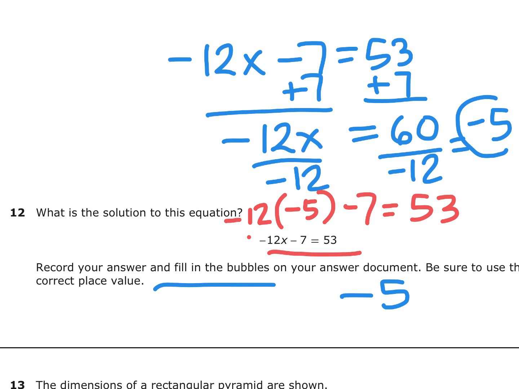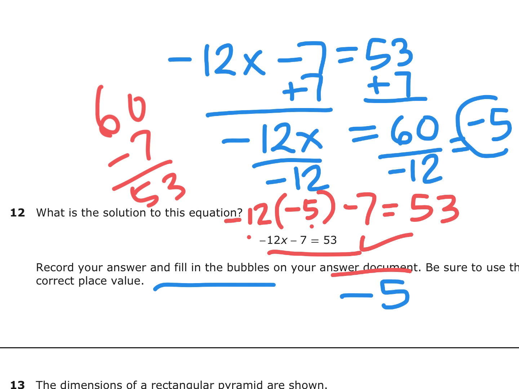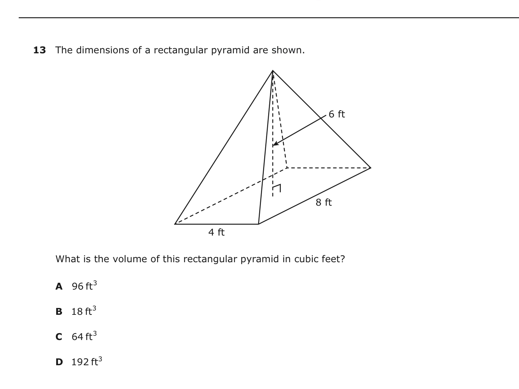So negative 12 times a negative 5, that's positive 60. And we know that 60 minus 7 will give us the 53. So that way we check the answer. So when you get negative 5, you can always plug it back in. Or we say substitute back for x and make sure that it works and it checks out. So that is correct. Negative 5 is the answer.